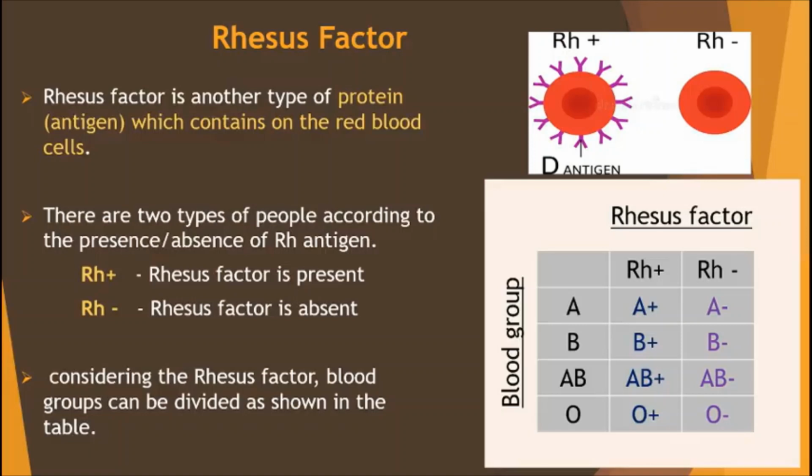Rhesus negative persons don't have the Rhesus factor in their red blood cells. Considering the Rhesus factor, blood groups can be divided further as shown in the table. Rhesus positives are A positive, B positive, AB positive and O positive. Rhesus negatives are A negative, B negative, AB negative and O negative.